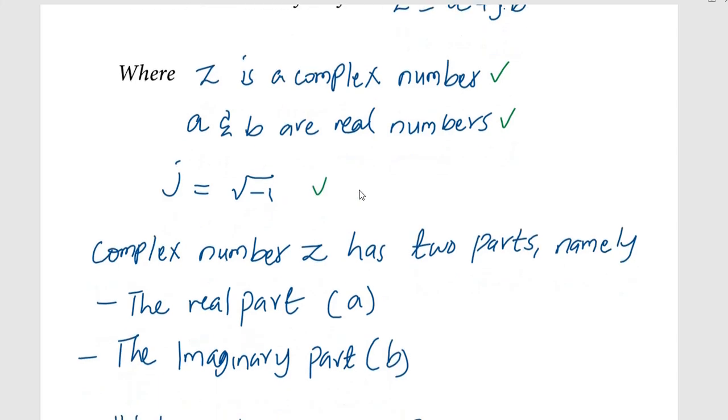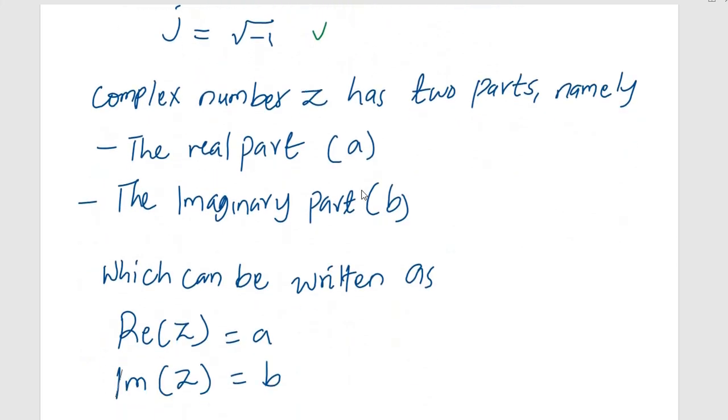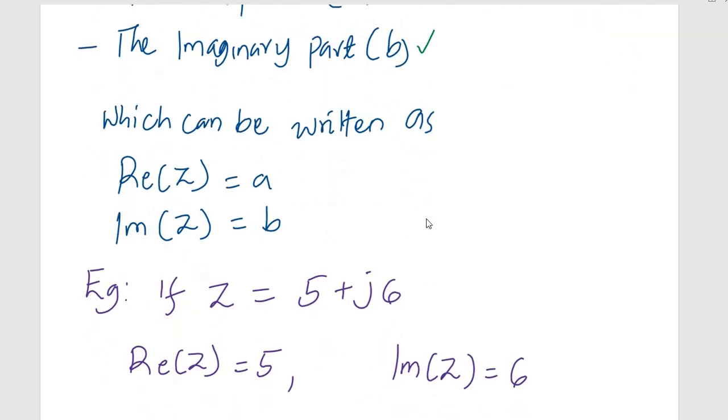Now this complex number z has two parts, namely the real part, which is a, and the imaginary part, which is b. For us to get these members, we can say the real part of z is a, and the imaginary part of z is b.